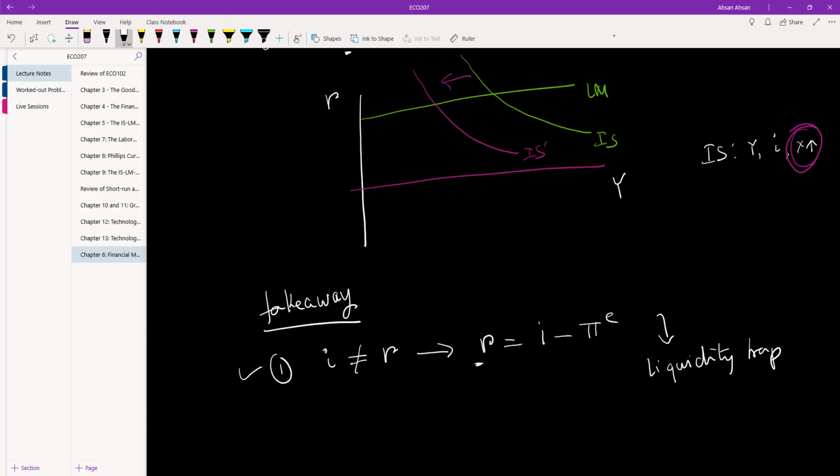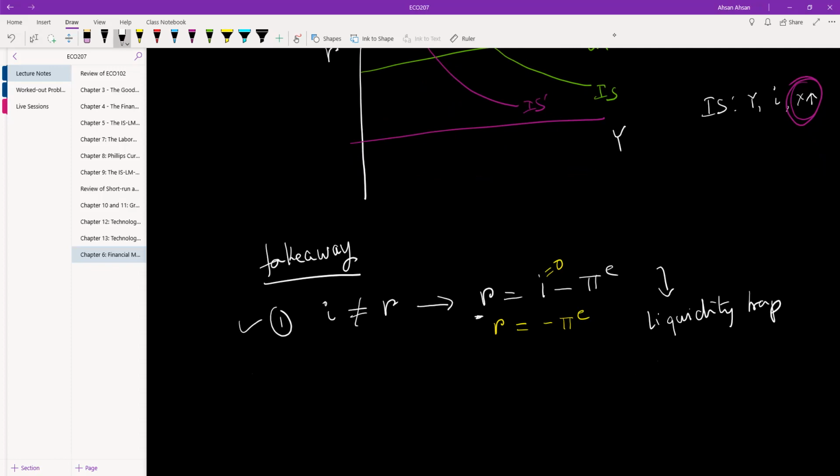Because what we know is that, of course, I can go as low as 0, which means that the lowest that the real interest rate can go is the negative of our inflation. And so this is a stronger relationship than what we had seen previously. This is the first takeaway from this chapter.